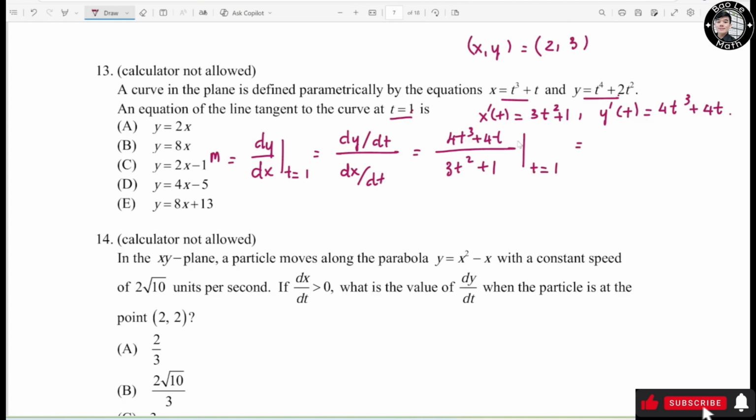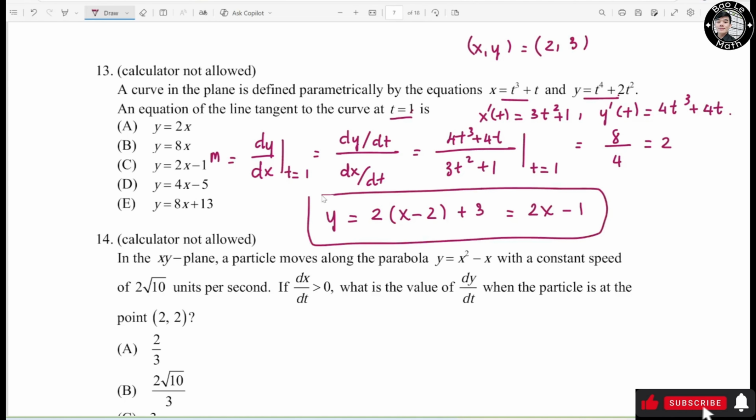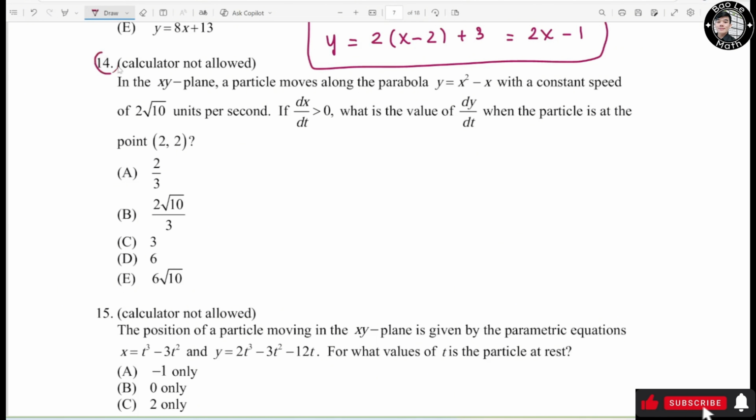So substitute 1 for t, it's going to be 8 over 4, which is 2, right? So the slope is 2, so the equation should be y equals 2 times s minus 2 plus 3, or 2s minus 1. Now let's move on to question 14.